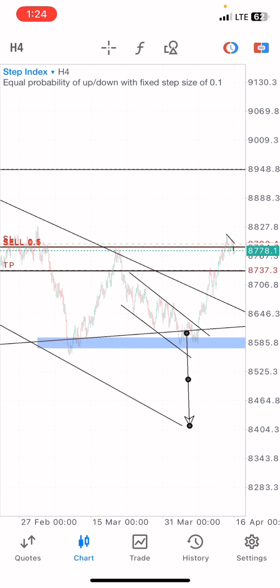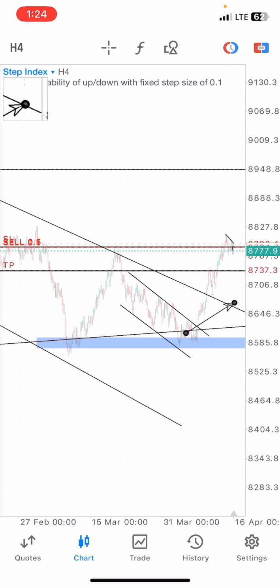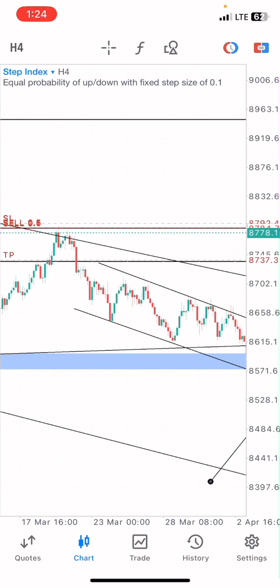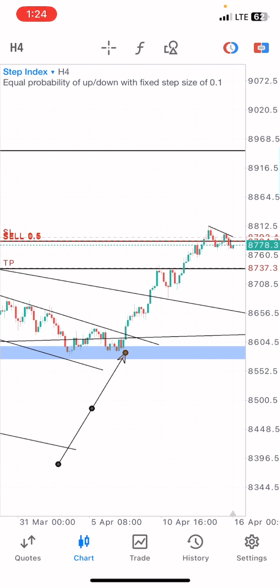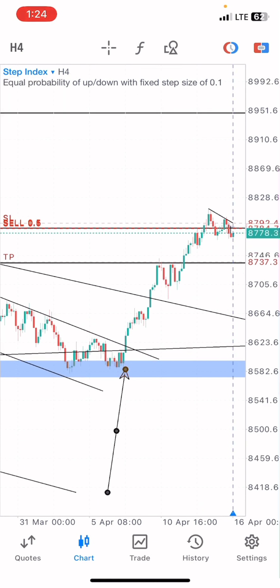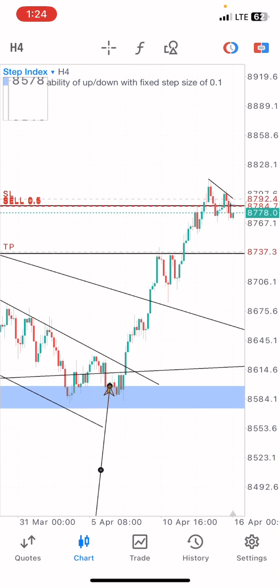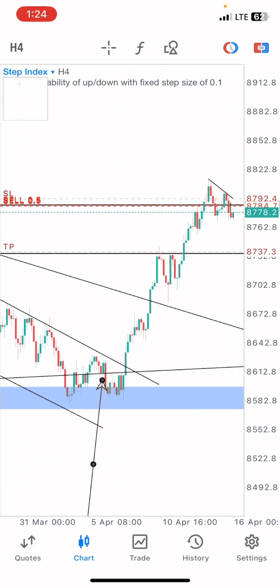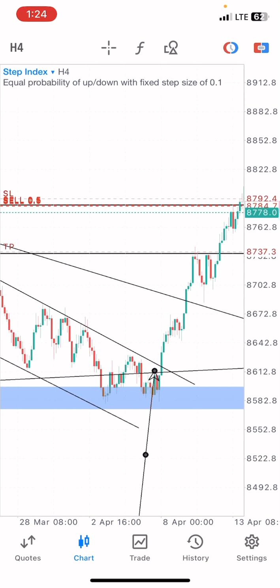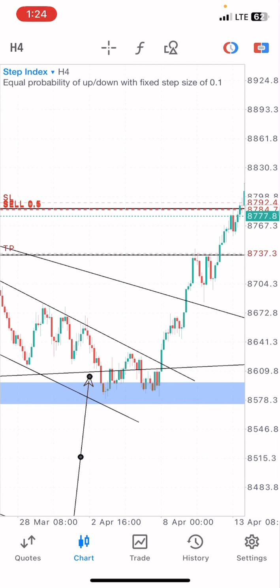But see what the market did at this zone. The market changed its direction, giving us an equal low of these points. Then you can see, when the market approached this level on the 4-hour time frame, the market created a 4-hour time frame double bottom again at this zone.